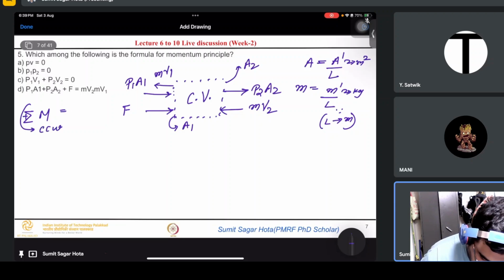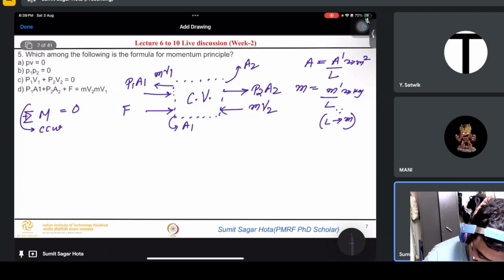P1A1 and P2A2 try to rotate the system anticlockwise, and F also tries to rotate it anticlockwise, but mv1 and mv2 try to rotate it in the clockwise direction. So the mv1 and mv2 terms are going to be negative, and the other terms P1A1, P2A2 and F are going to be positive.